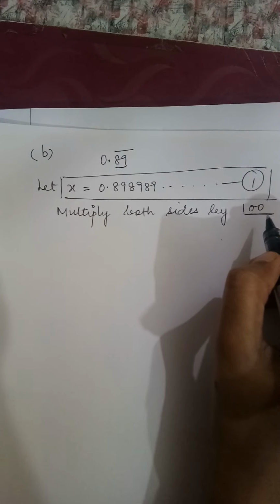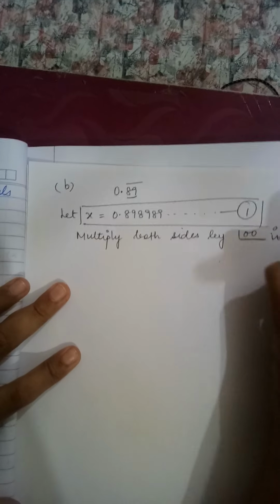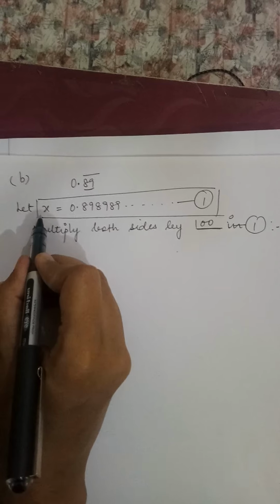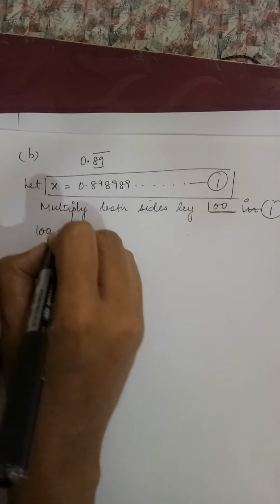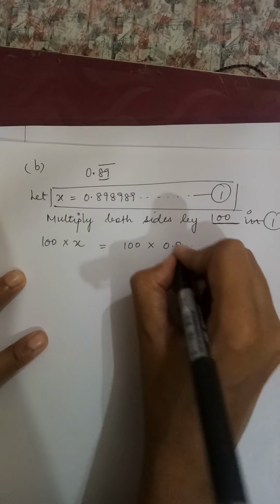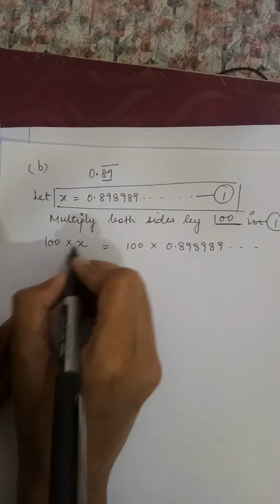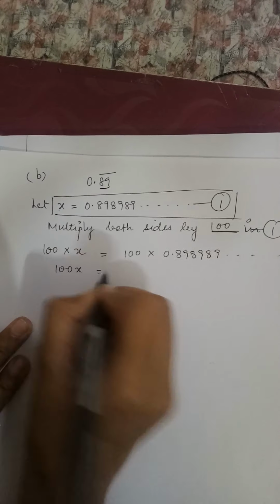That means multiple of 10 we have to take. Now in 1, x I am going to multiply by 100, and this 100 multiply by 0.898989 and so on.